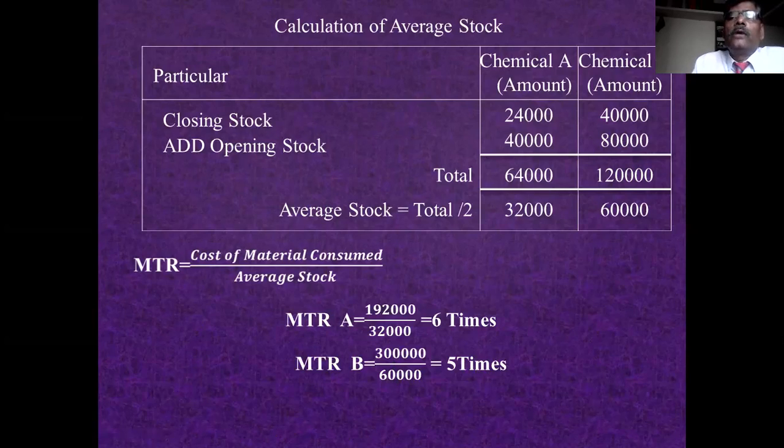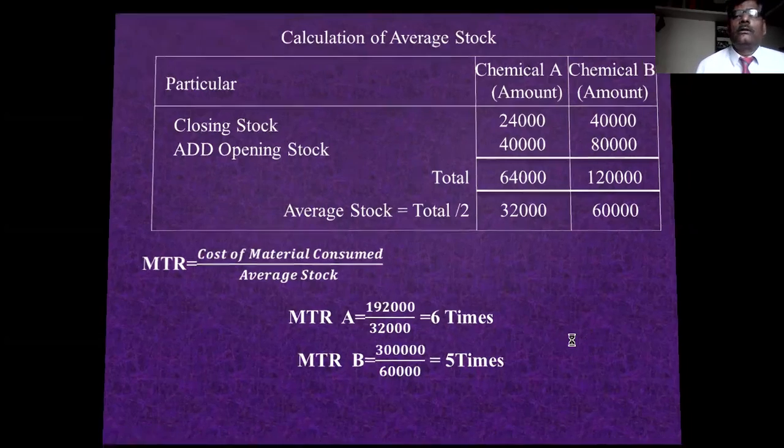In a year of 12 months, 12 divided by 5 you calculate nearly 2.4 months. Okay. And it is better to calculate in days. Okay, it is the point. Material A you have to fill 6 times in a year. Material B to fill 5 times in a year.